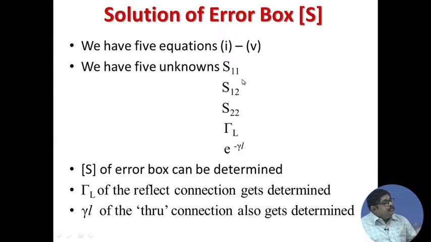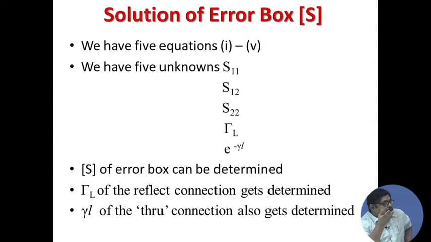So, when you do actual measurements with your DUT, you know that you will have those error boxes. You find those error boxes, and also in the process gamma L of the reflect connection gets determined. That was not your objective, but you see what type of load you are using. Suppose that load is not very good, because if the signal coming is low, then sensitivity problems come.